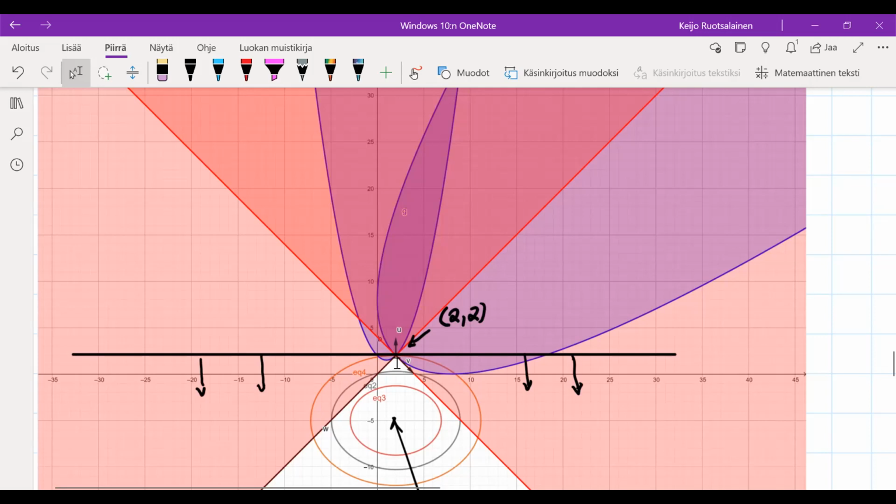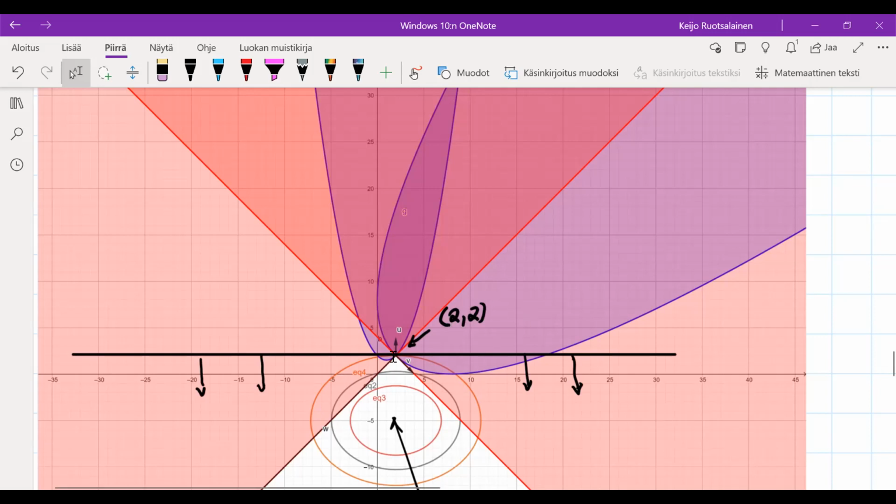It touches only at one point the constraint set. If you take the ellipse a little bit smaller, then these points are not anymore in the constraint set. And if you take the ellipse a little bit larger, then there are points where the cost function gets smaller values. So this is the optimum point.